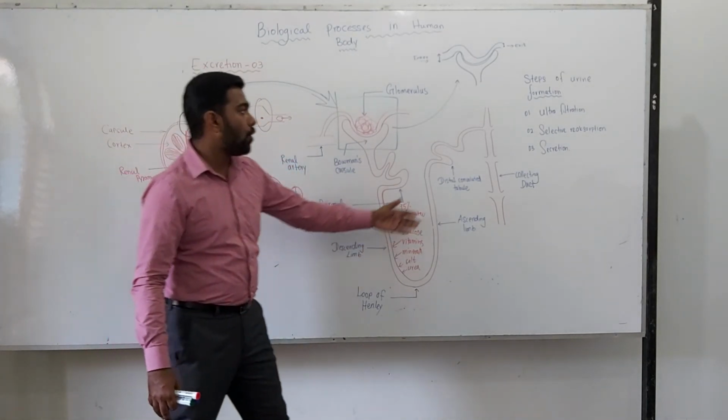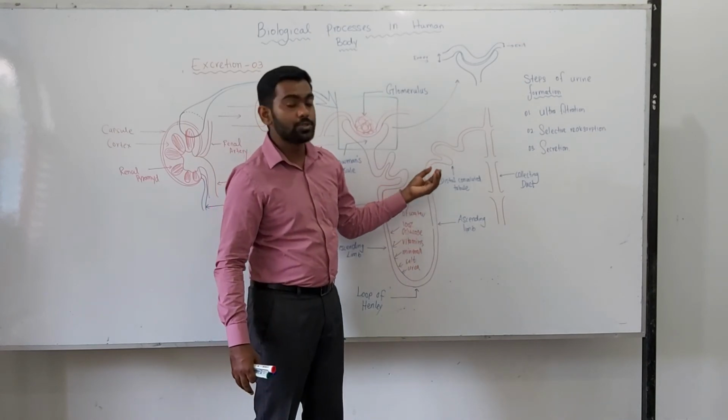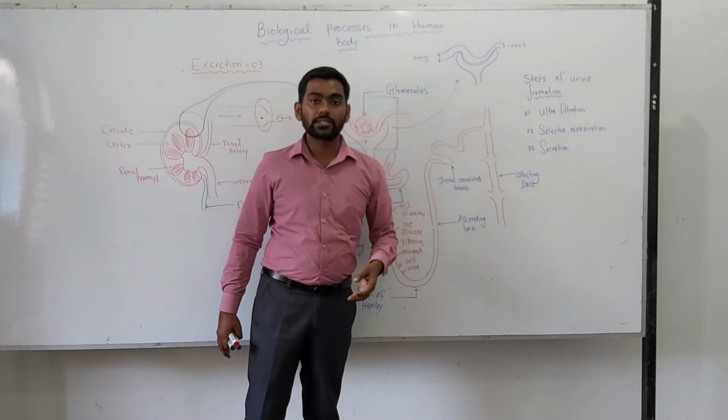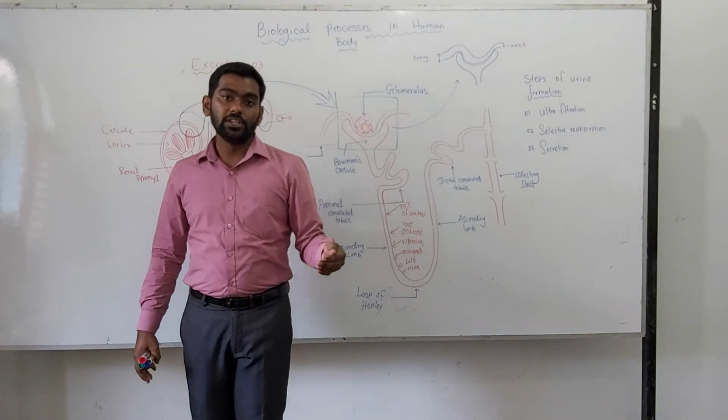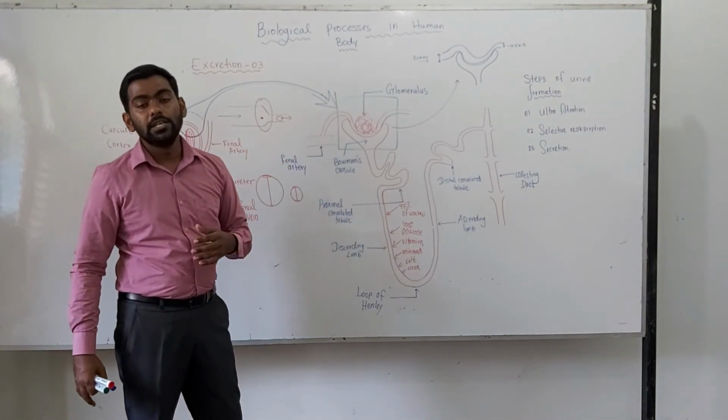And finally, after all this process is finished, urine is produced and is given to the collecting duct and goes to the renal pelvis, and through the ureters it is taken into the bladder.